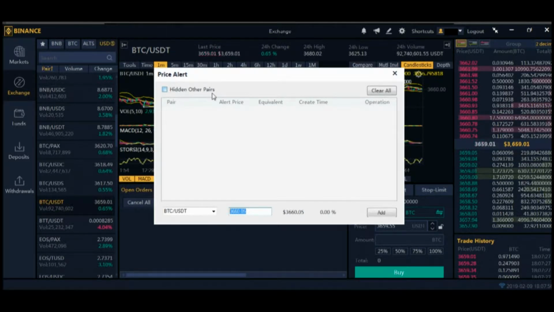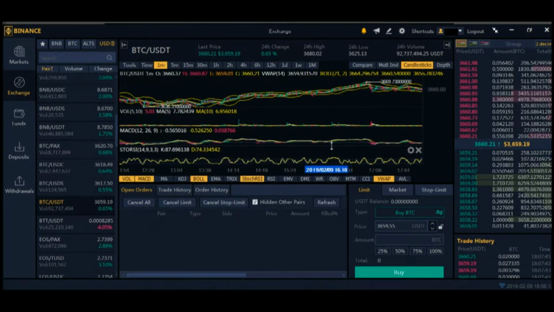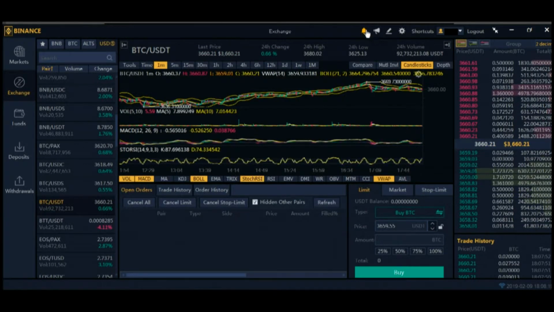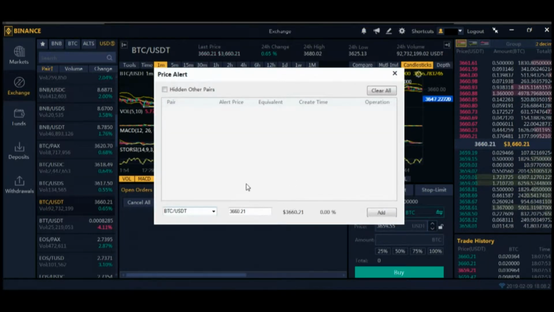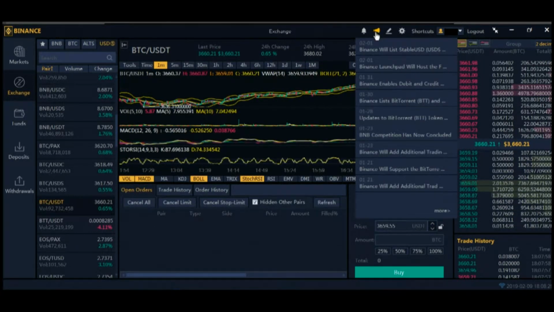Make sure you don't have hide other pairs clicked, or you won't see what you're looking for unless you are just dealing with one coin all the time. So let's say I want to find out when Bitcoin goes down almost 9%. I can add this price alert and it'll let me know. This is yellow because it means I've got an alert, and I can clear it out. Nice feature.